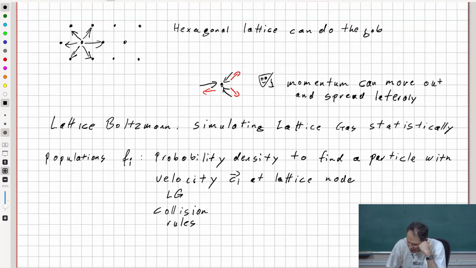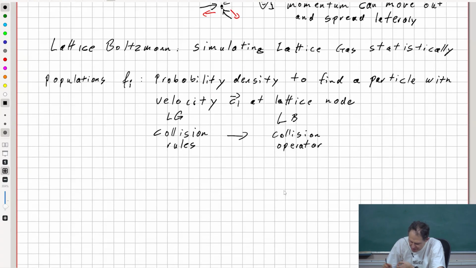And now this goes to, in Lattice-Boltzmann, a collision operator. So here we have some distribution, and we have to change this distribution. And while doing this, we also went back to Cartesian grids.